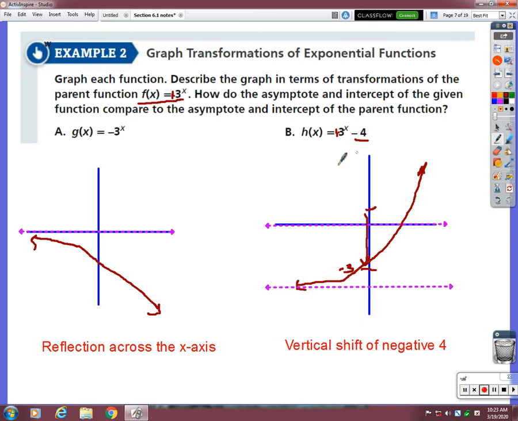And then the intercept was originally at 1 because of the 1 in front of the 3, but if we move that down 4, our new intercept would be -3. So in this case, both the asymptote and the y-intercept got moved down by 4. Okay?